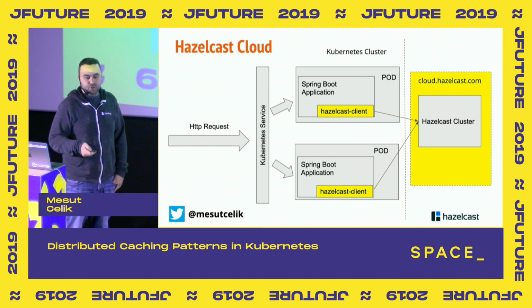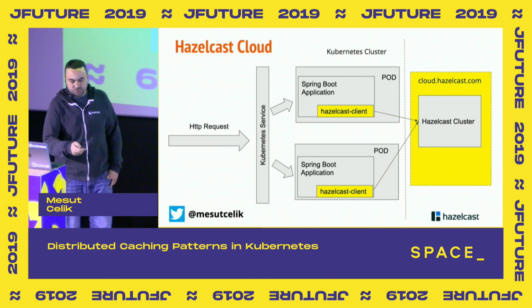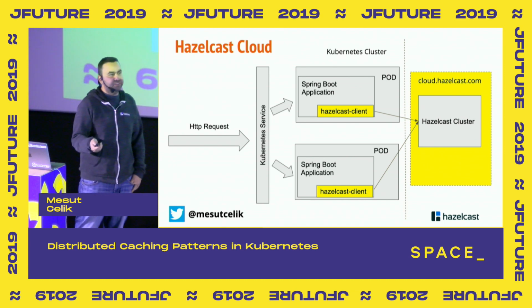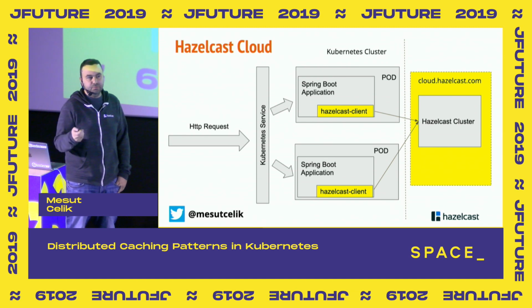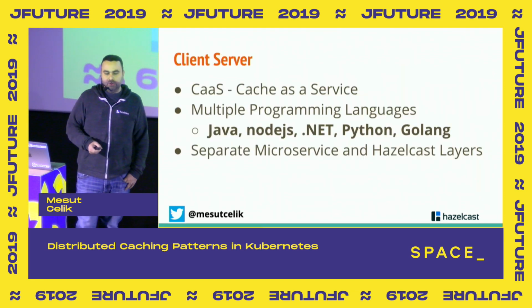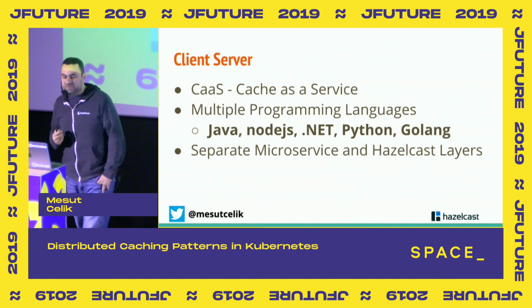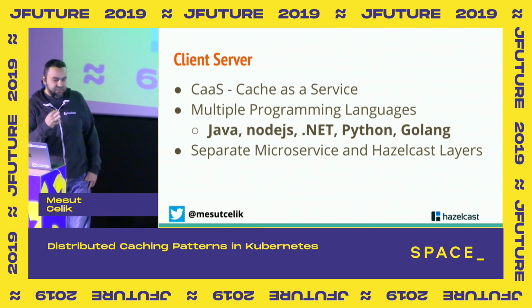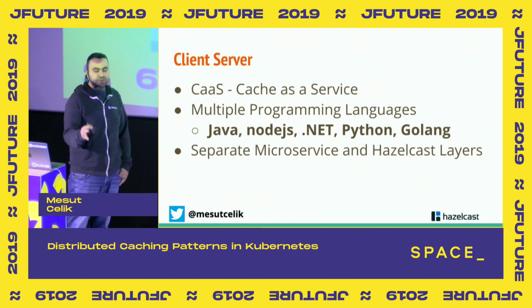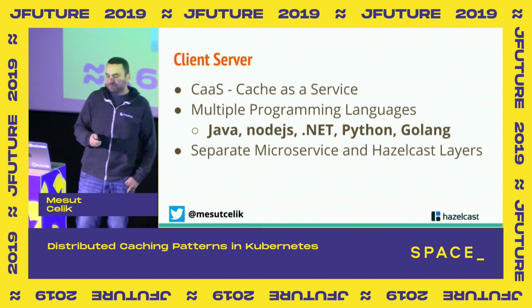So you just go and start your cluster, and your microservices can depend on that one. It's basically similar to what you see in multiple cloud providers as a managed service. So in client server, I think I've just gone through all of this, but the main point is that you separate your microservices layer from the caching layer.